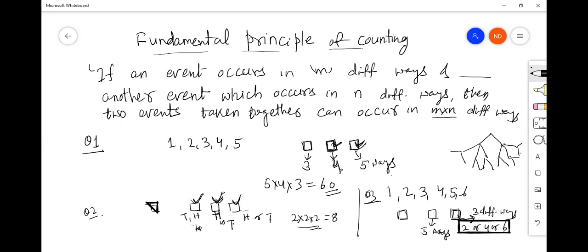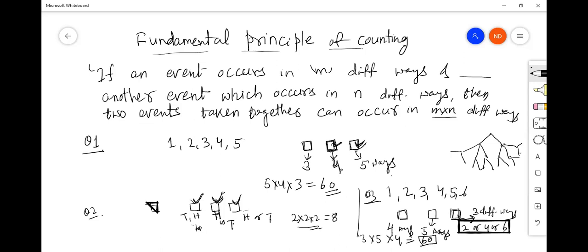We placed one digit in units place and one digit in tens place, so we are left with 4 digits for hundreds place. So the number of three-digit even numbers will be 3 ways for the first place, 5 for the second, 4 for the third. So we are getting 60.